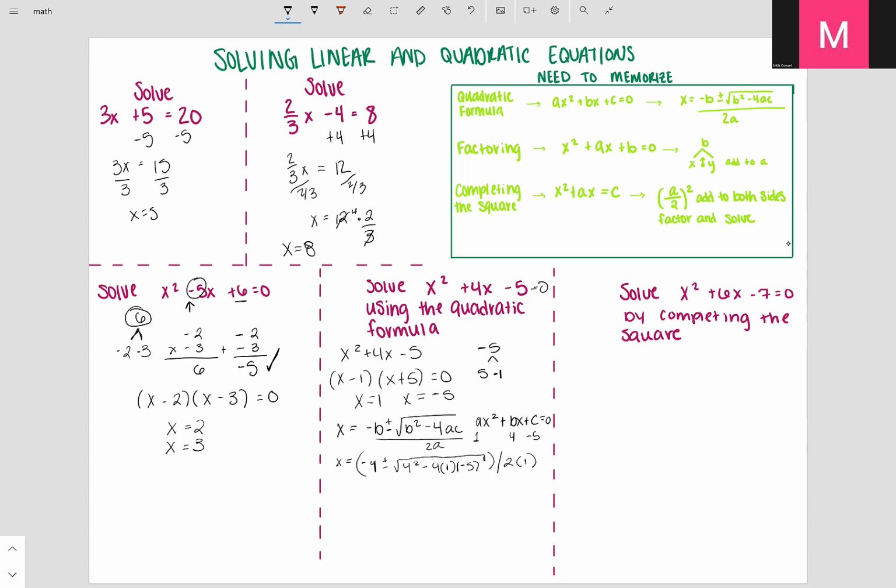And we have x equals -4 plus or minus the square root of 16 plus 20, divided by 2. We have x equals -4 plus or minus, 16 plus 20 is 36, and the square root of 36 is 6, divided by 2.